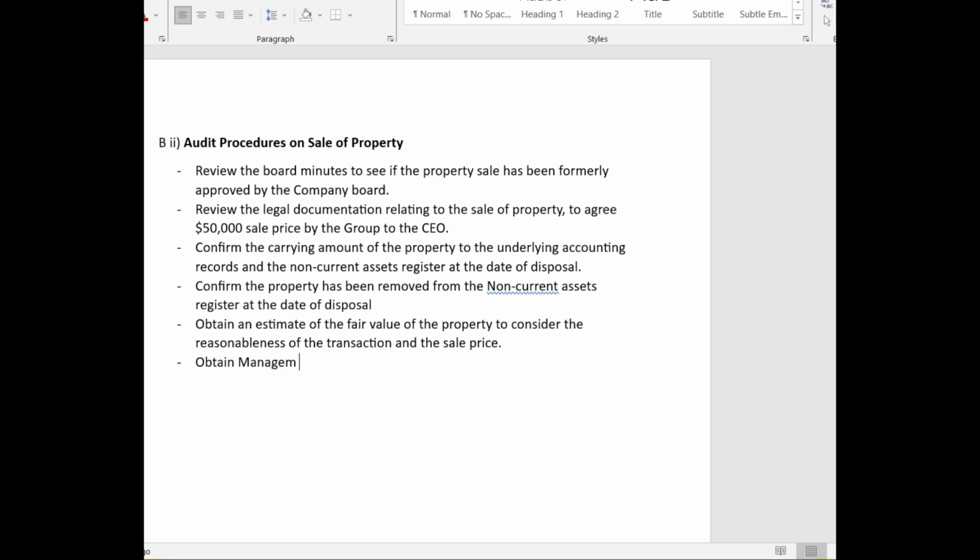management's determination of the profit or loss on disposal of the property, right?